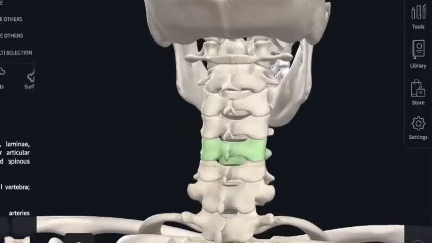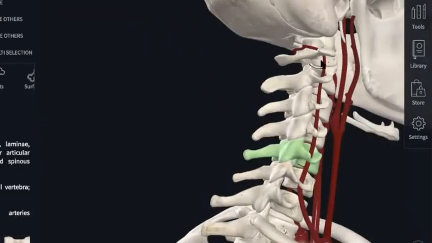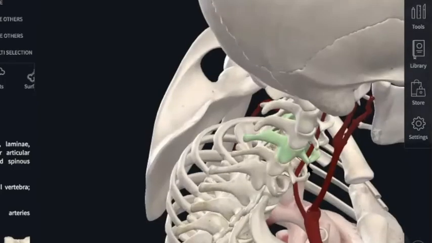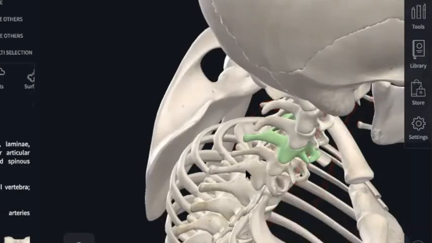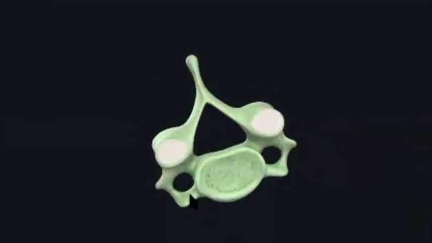And those are going to provide these blood vessels right over here with a safe passageway, so that when you're getting choked out and your carotid artery is blocked, then your vertebral arteries are going to allow blood to get to the brain. In any case, what are called transverse foramen are going to be distinct to your cervical vertebrae. So if you see those, you know you're looking at a cervical vertebra.